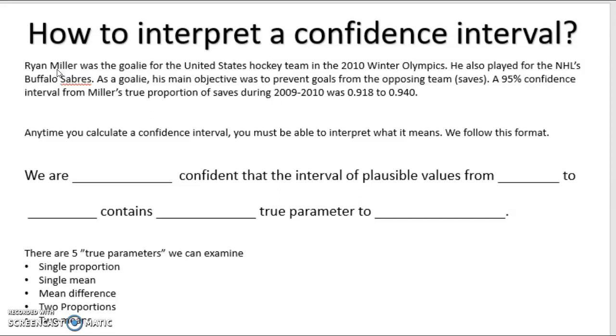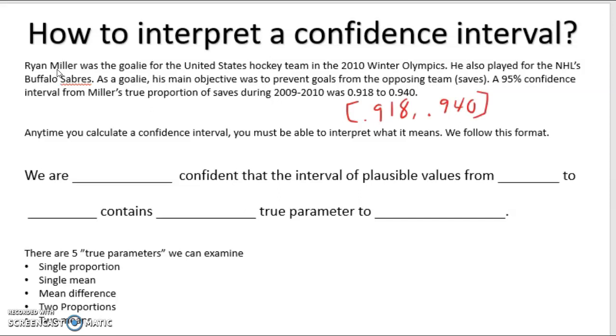As a goalie, his main objective was to prevent goals from the opposing team, so he wanted to save as many goals as he can. So let's say we calculate a 95% confidence interval for Miller's true proportion of saves in 2009-2010, and we calculate that interval to be 0.918 to 0.940. That's a pretty high save percentage, so he's pretty good.